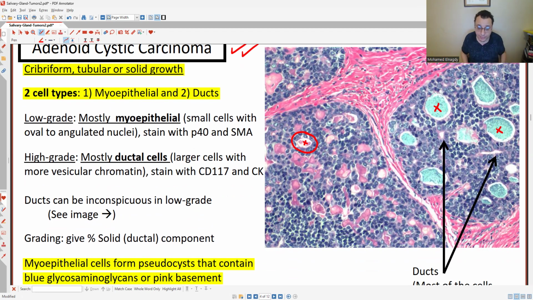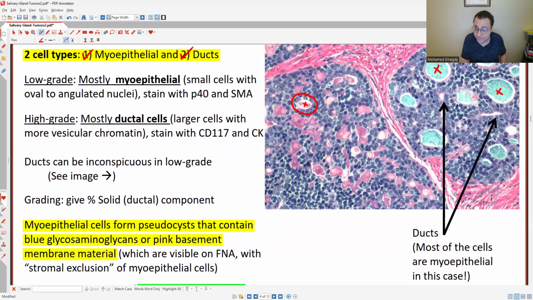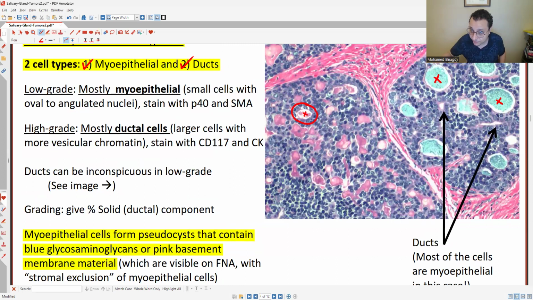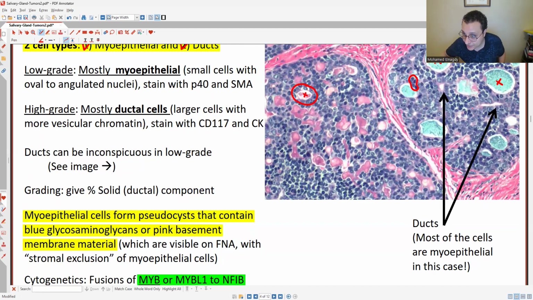As you see, a lot of blue cells, but there are 2 cell types here: the myoepithelial cells and the duct cells. The myoepithelial cells have a small, compact, dark blue nucleus. The duct cells have a slightly larger nucleus with vesicular chromatin and some prominent nucleoli.